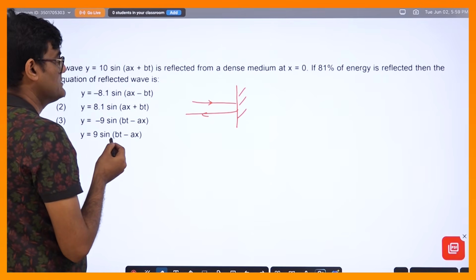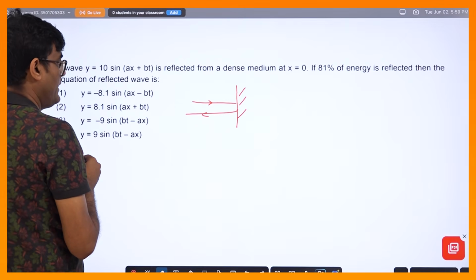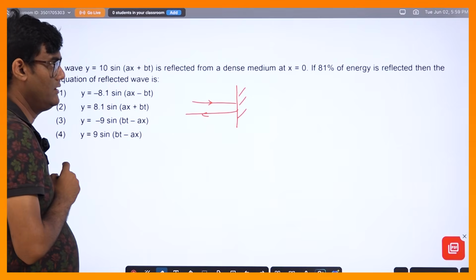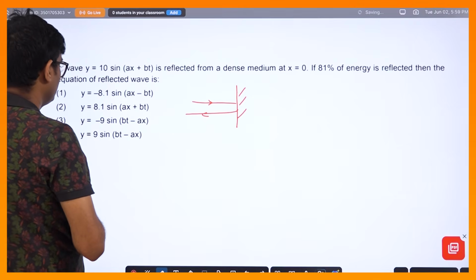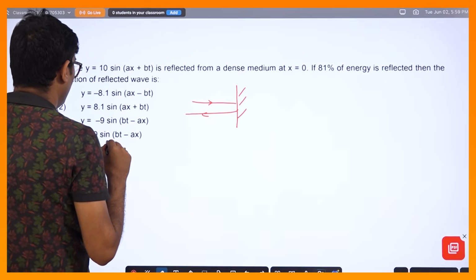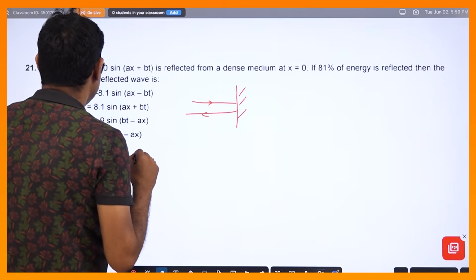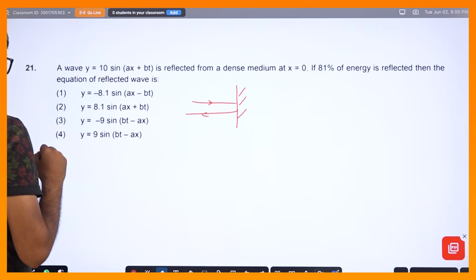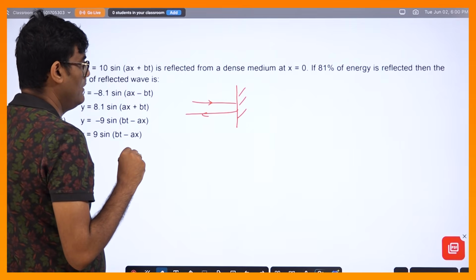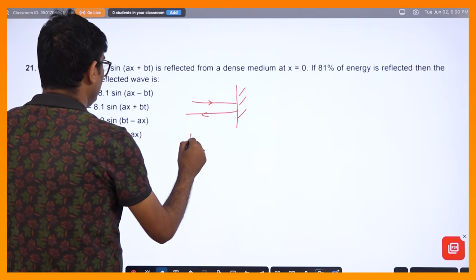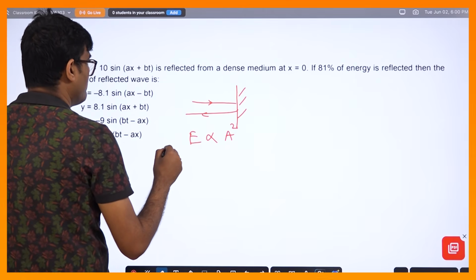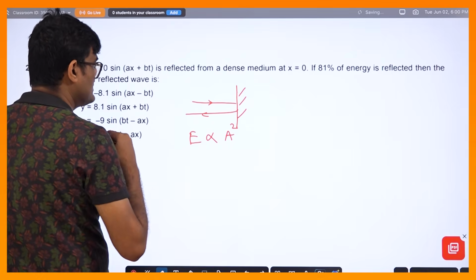And if 81% of the energy is reflected back, that means, if it is 10, sine... Now this energy is directly proportional to amplitude square, frequency remaining the same.